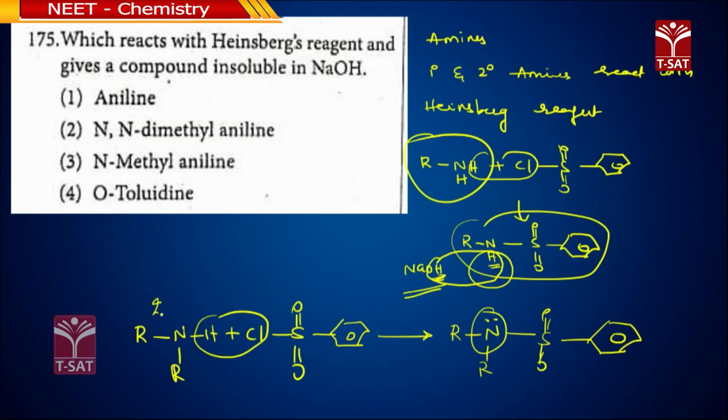That is why the secondary amine reacts with Hinsberg reagent but is insoluble in the base. So in the given options, aniline is a primary amine, N,N-dimethyl aniline is a tertiary amine, and N-methyl aniline is a secondary amine. That is why N-methyl aniline reacts with Hinsberg reagent but does not dissolve in NaOH.